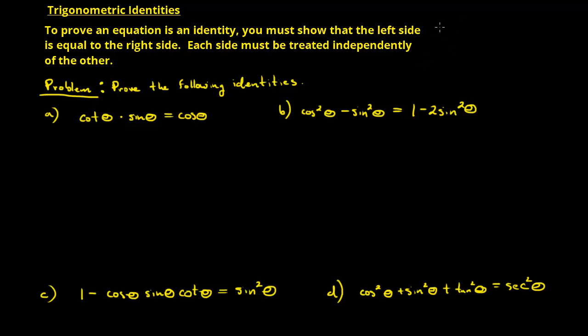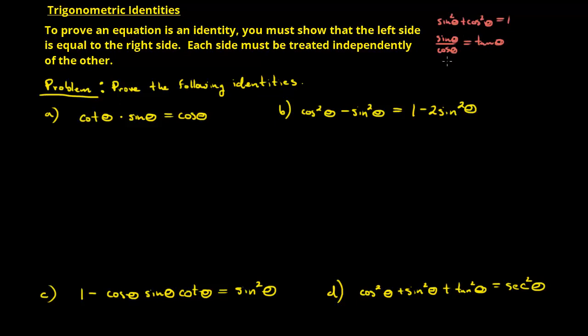So far we know the Pythagorean identity, which is that sine squared theta plus cos squared theta is equal to 1. We also know the quotient identity, which is that sine theta over cos theta is equal to tangent of theta.